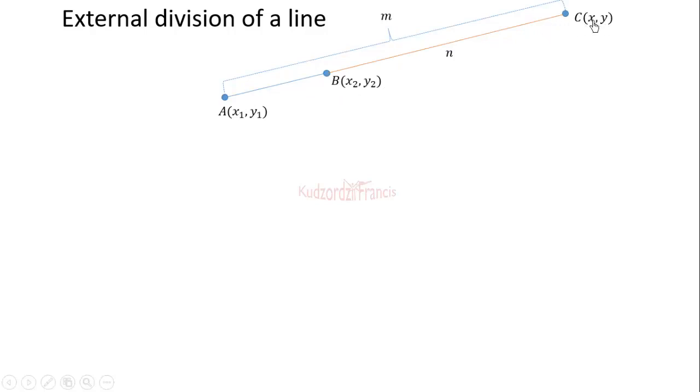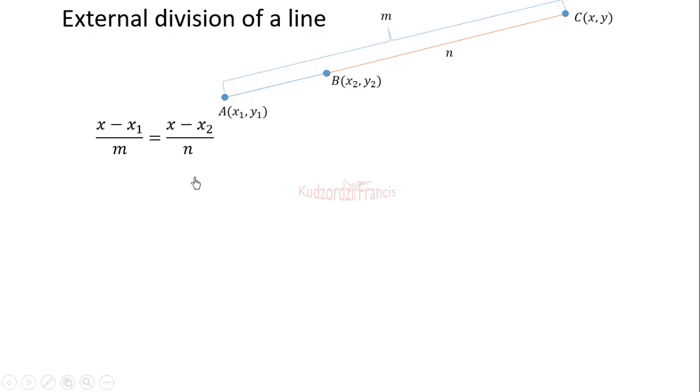The distance from A to C is m. In terms of coordinate, it will be x minus x1. So x minus x1 over m will be proportional to x minus x2 over n.